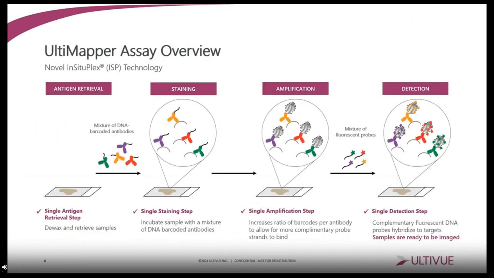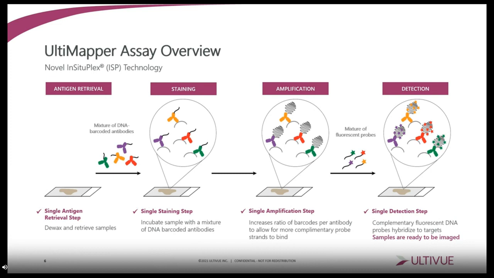Here, a very quick overview of the in situ plex technology that really follows just a few steps. The first one is an antigen retrieval, only one, that allows the preservation of the tissue integrity and the H&E on the same exact slide where we perform fluorescent multiplex IHC.